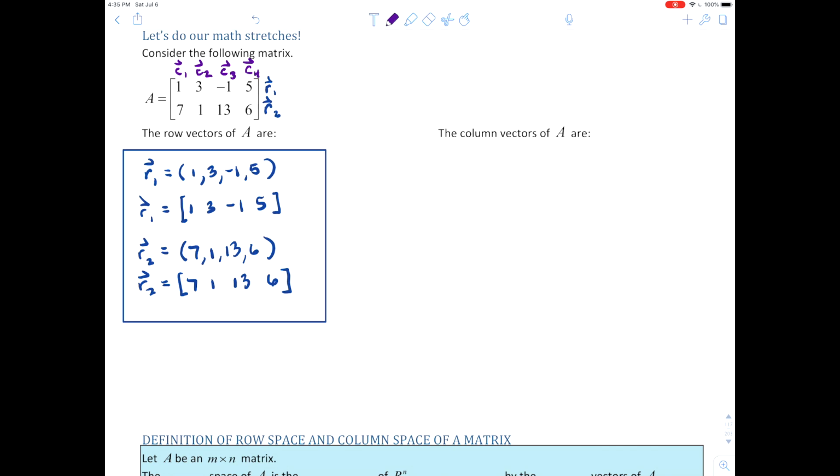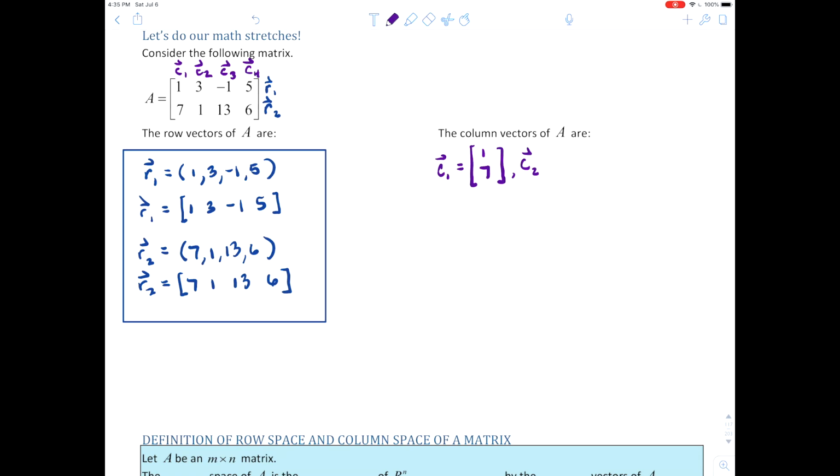And I really like to write the column vectors as actual columns in matrix form. I find that this helps clear up confusion when we're learning about different things like null space and column space and row space. So I'm going to write it like this. Our first column would be 1, 7.